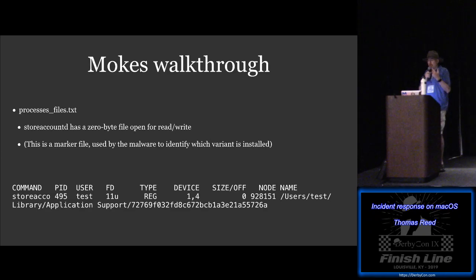Now, in reality, because we know about MOKS, we know that what that file actually is, is a marker, and it indicates which variant of MOKS is installed on the system. There are a whole bunch of different name variants. So storeaccountd in an App Store folder is one of them.